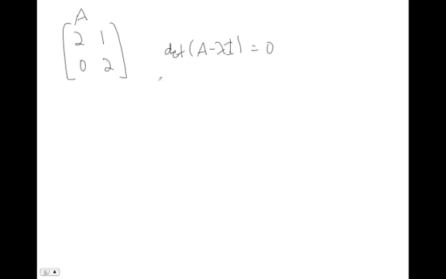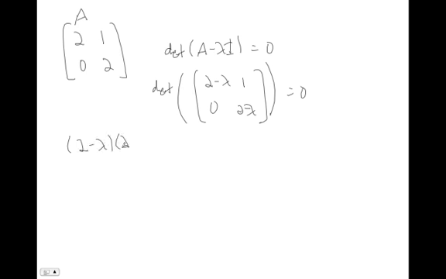And when we do that, we get the determinant of this matrix, 2 minus lambda, 2 minus lambda, and then the diagonals are untouched, and then that's equal to 0, and so we get 2 minus lambda times 2 minus lambda minus 0 times 1 equals 0, but this just isn't doing anything because it's being multiplied by 0, and so again we're getting the exact same eigenvalues, 2 and 2. Same eigenvalues as before. So the eigenvalue again is 2 with multiplicity 2.